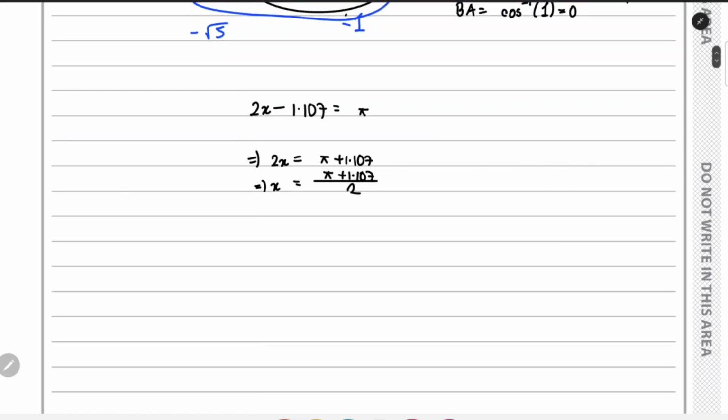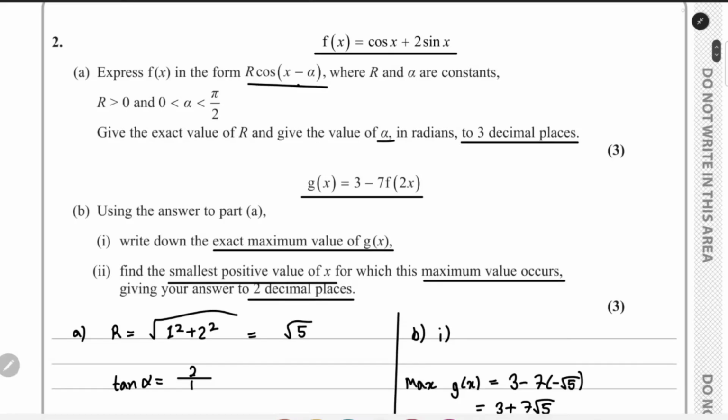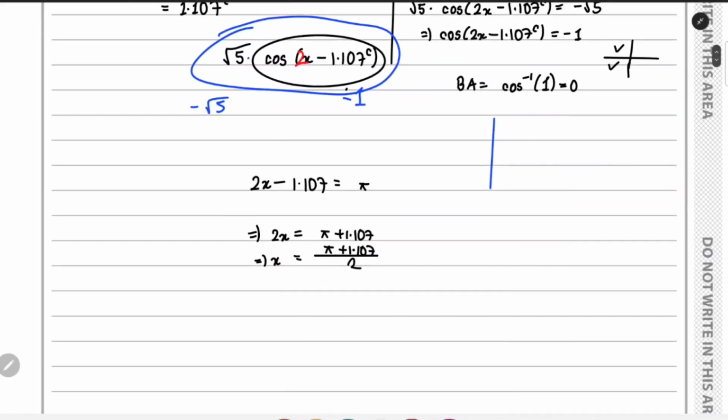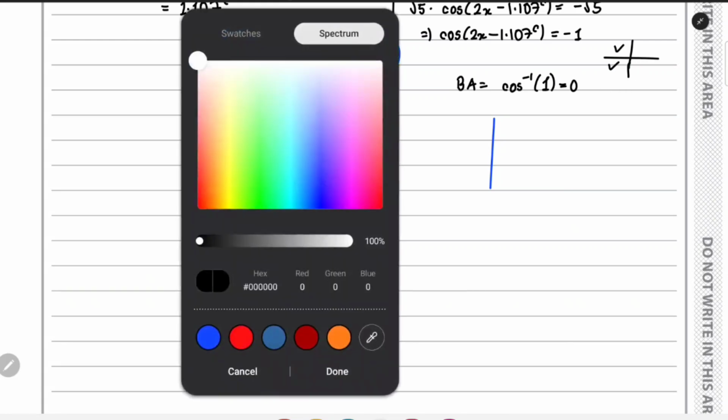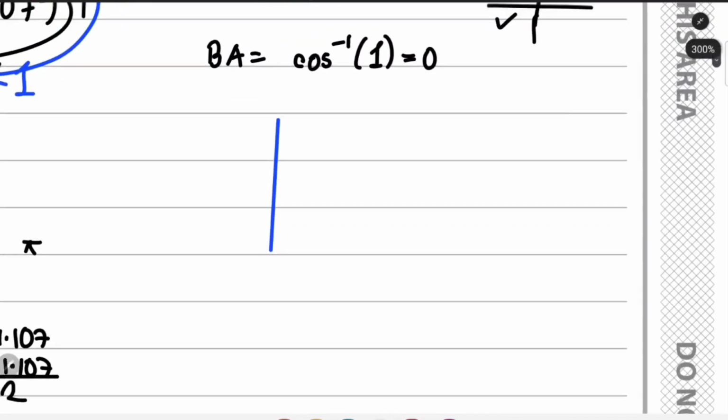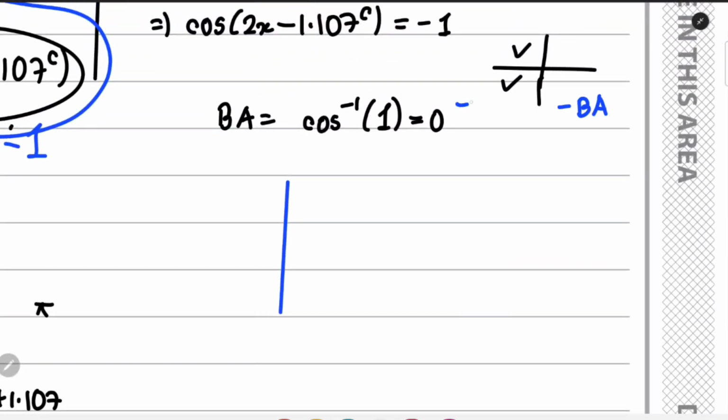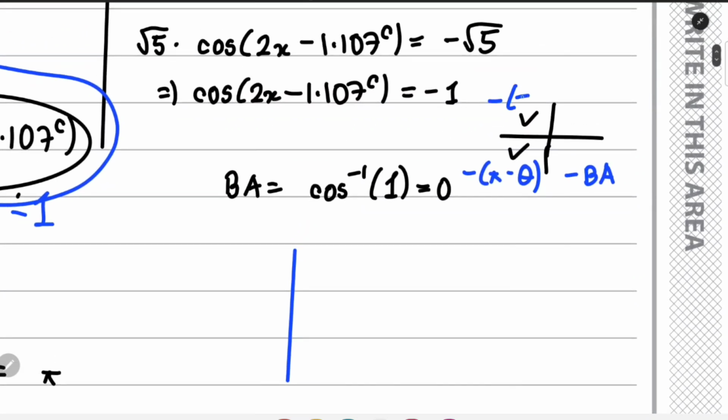Now since this is 2x and not x, we have to change the limits as well. So we have to check with the first negative value as well, to see if it's working or not. For the first negative value, I'll rotate clockwise now for the negative values. So the first negative value occurs over here. For the negative axis, this is minus pi minus theta, this is minus pi plus theta, and this is minus 2 pi minus theta, where theta is the basic acute angle.